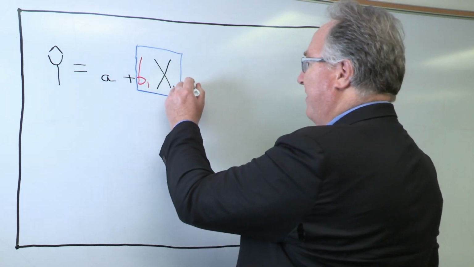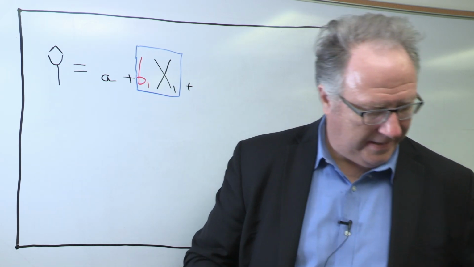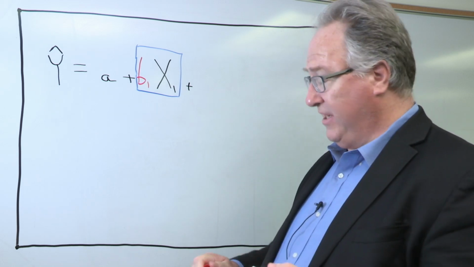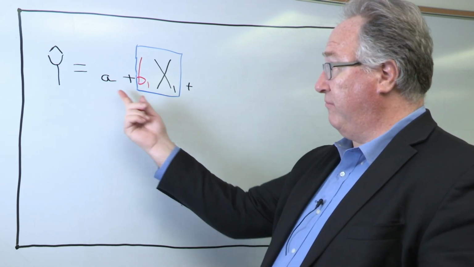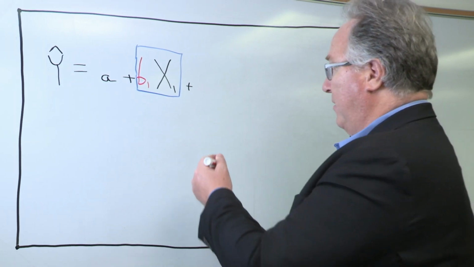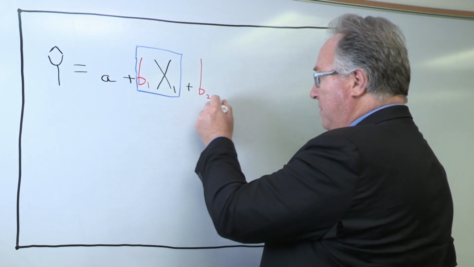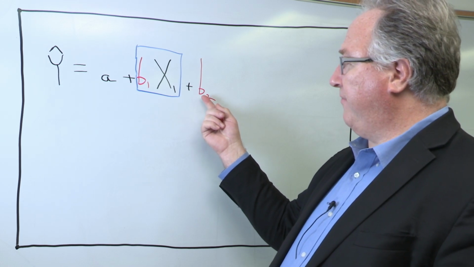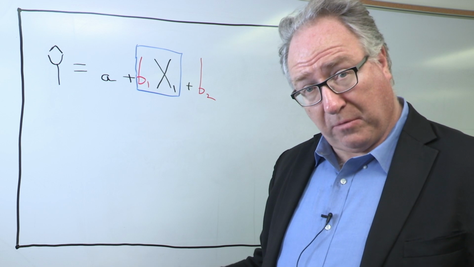Now, you know what's coming next, right? Because everything you need to know about this model, you can learn from just what you see right here. So here we go. We got B, now it's sub 2, because this is the regression coefficient value for the second predictor variable in your model.